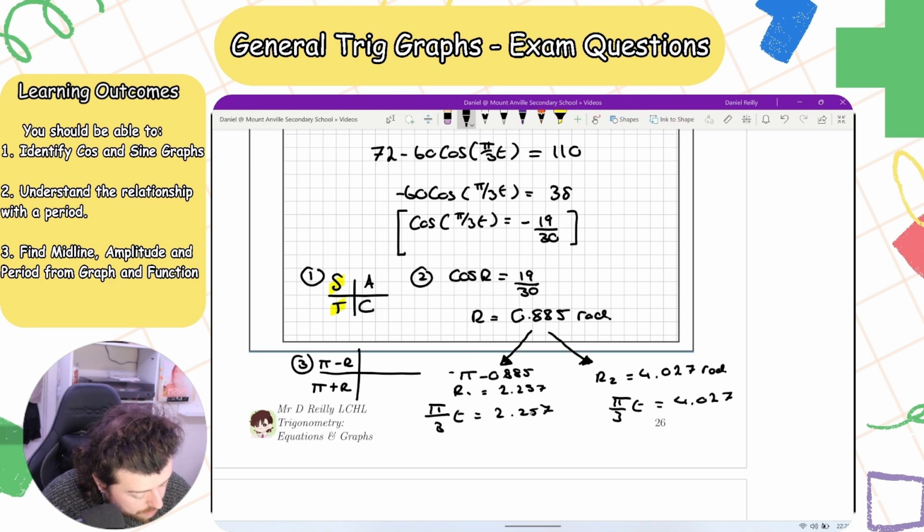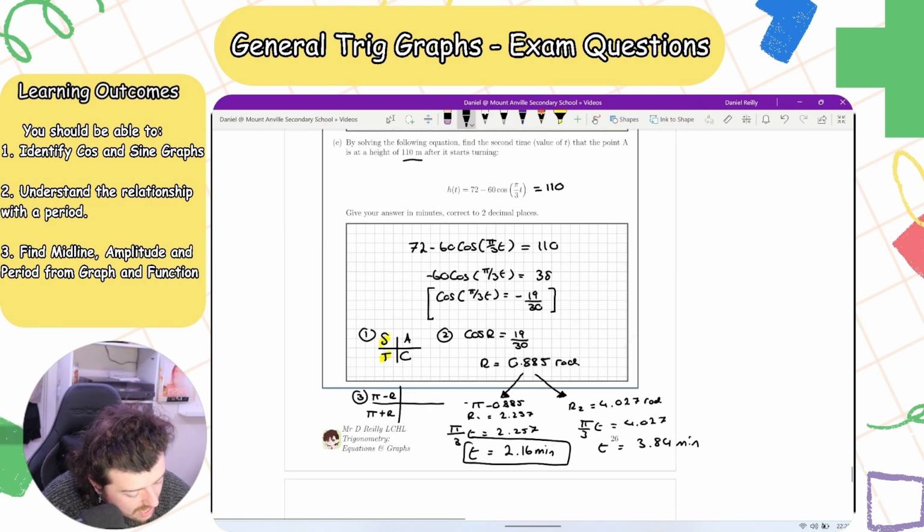So just put 2.257 and divide it by pi over 3. You're going to get time is equal to roughly 2.16 minutes. And on this side, dividing 4.027 by pi over 3, you're going to roughly get 3.84 minutes.